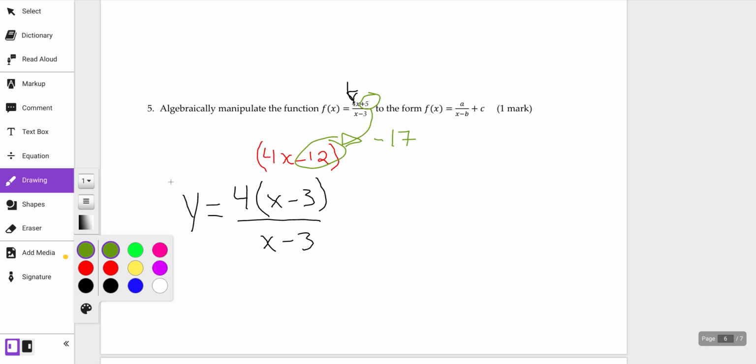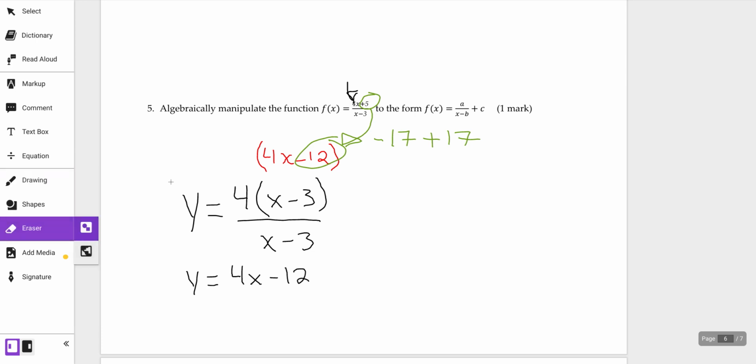To counteract the fact that I'm subtracting 17 from the original numerator, I'm also going to add 17 to the original numerator. So it now looks like this. y equals 4x minus 12, plus 17.